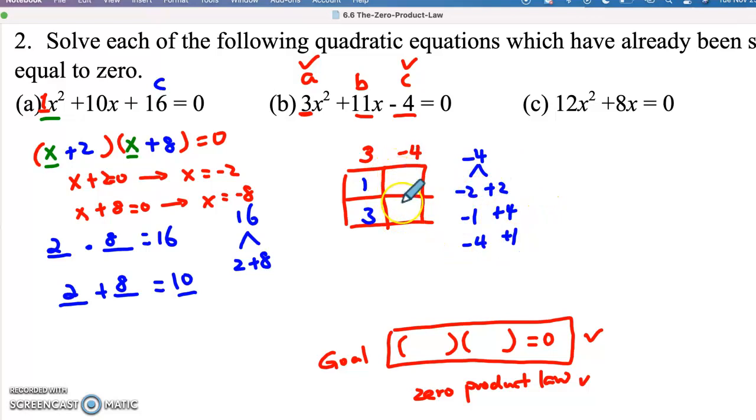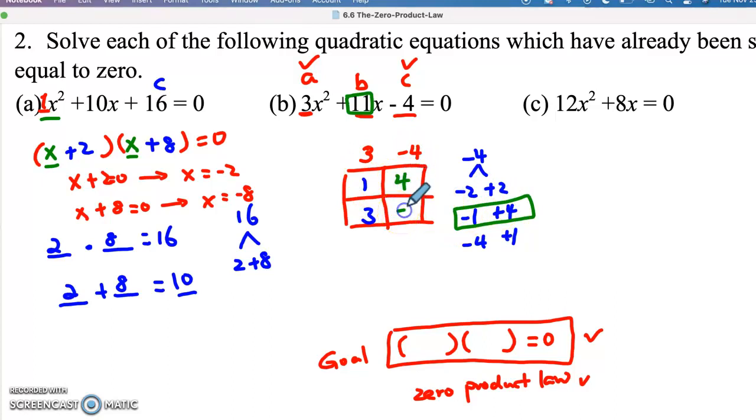I need to fill those 2 spaces with one of the pairs. Okay, let me try the middle one, this one. Okay, my goal is to get 11, all right, by cross multiplying and adding. So I'm gonna put 4 here.